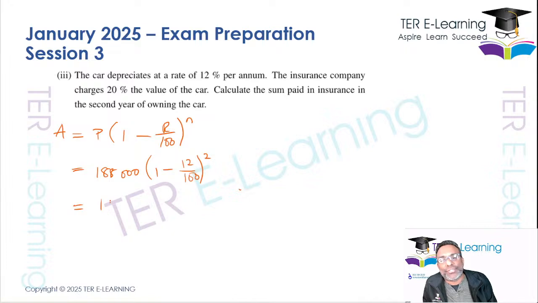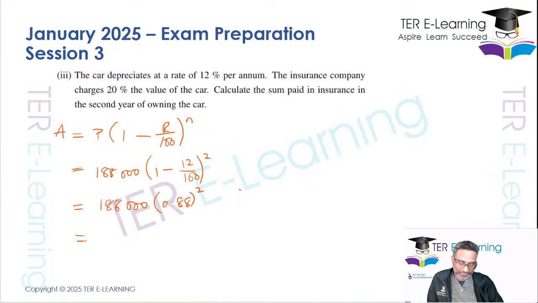So this is 188,000 times, 1 minus 12 over 100 is 1 minus 0.12, so that's 0.88 squared. So this is the actual value of the car after 2 years.